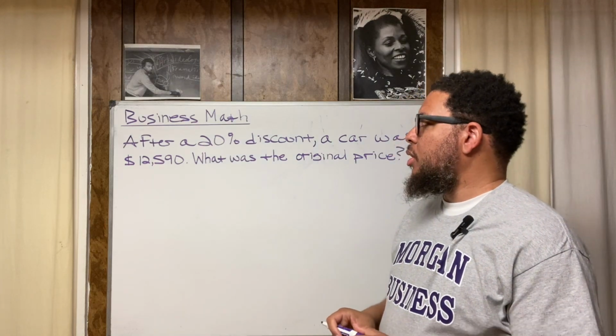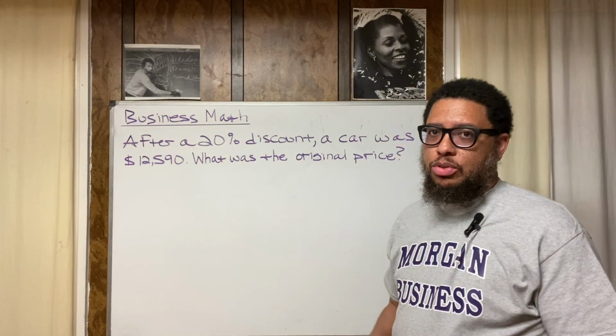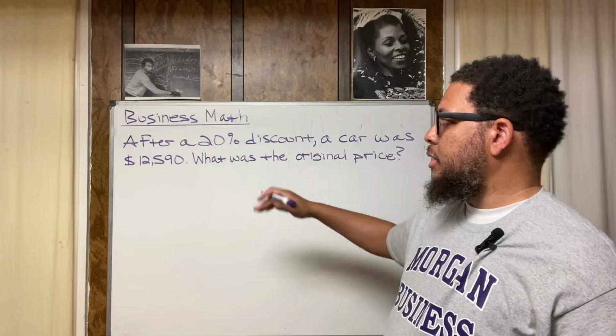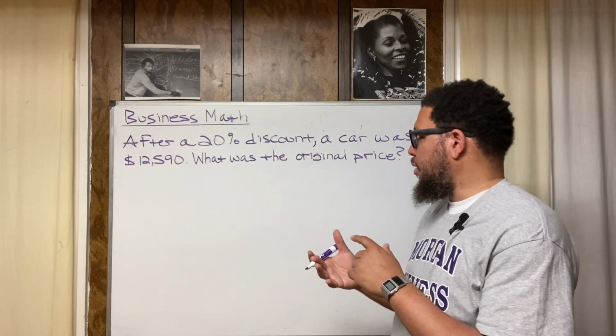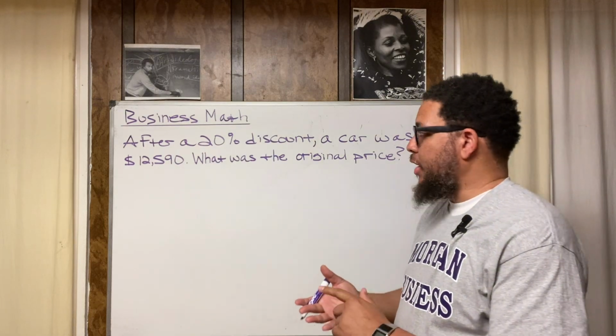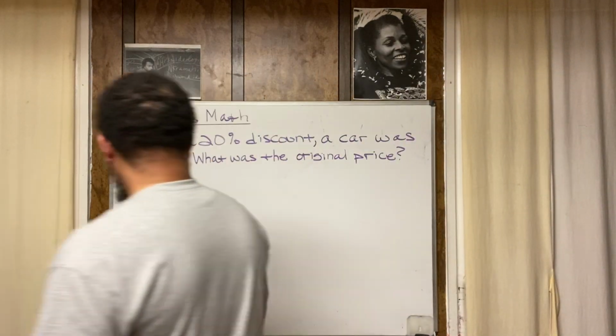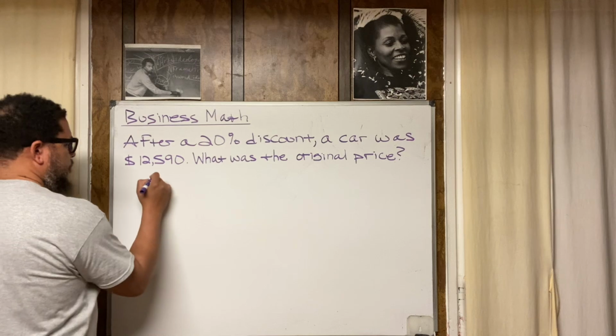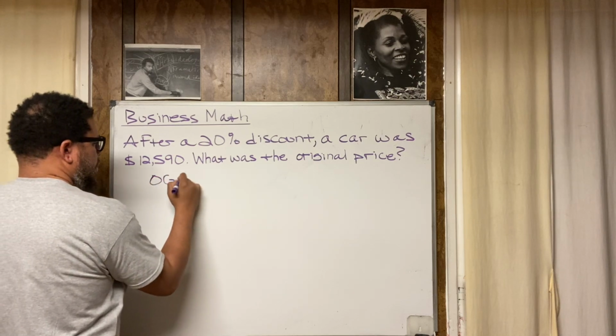I want to show you a general formula you can use whenever you see a question like this. When there's a discount, there's a discounted price, and you're trying to find the original price. Think about this formula. Original, let's call that OG.